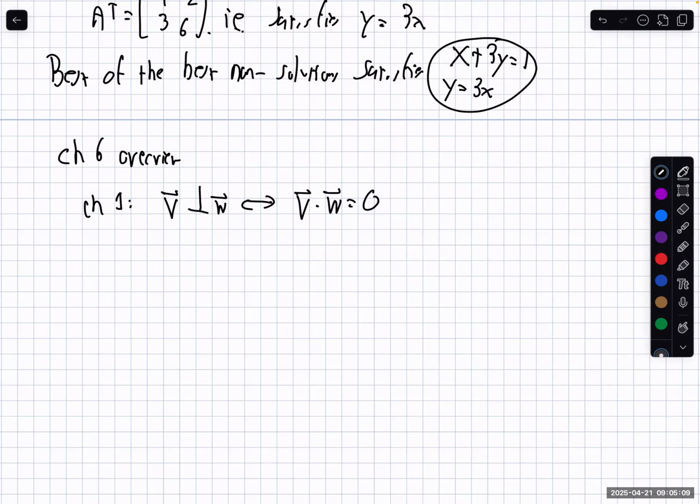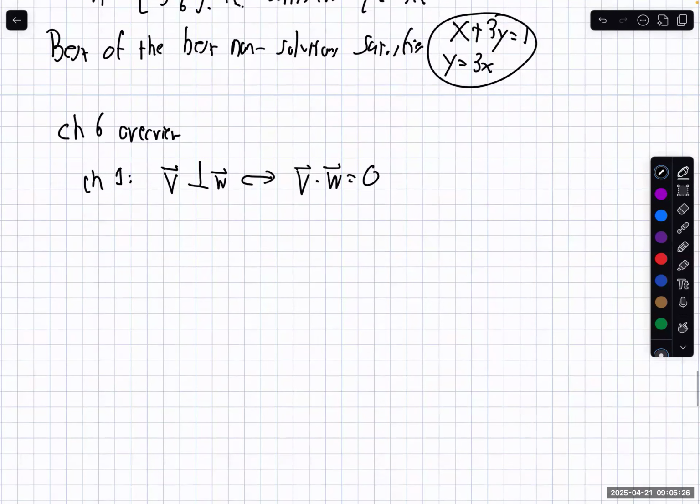Dot product is 0, the vectors are perpendicular. Dot product not 0, they're not perpendicular. And then we saw in chapter 5 that we can do a lot more with a dot product: projections, and we can find the actual angle between the vectors.